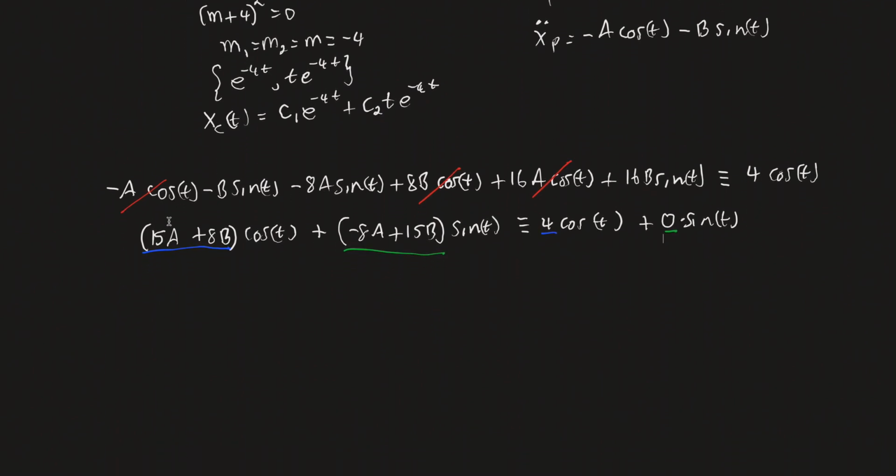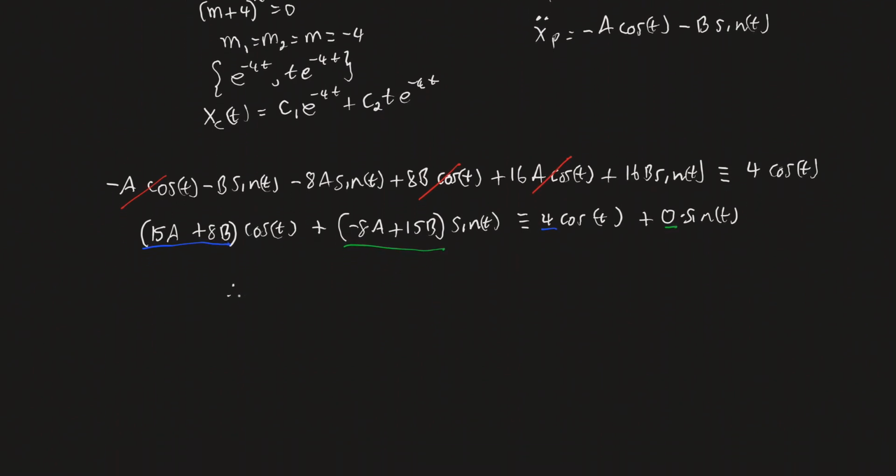So let me scroll down some more. So therefore, 15a plus 8b is equal to 4, and then negative 8a plus 15b is equal to 0. Now you could solve this using lots of fancy techniques. I'm just going to use a basic substitution.